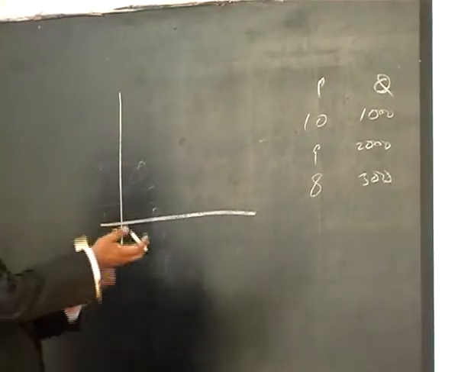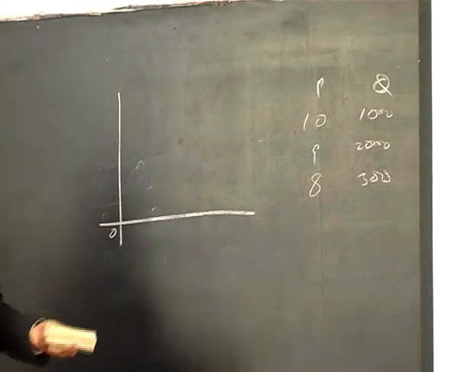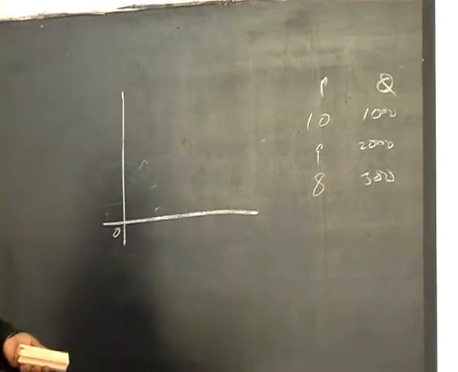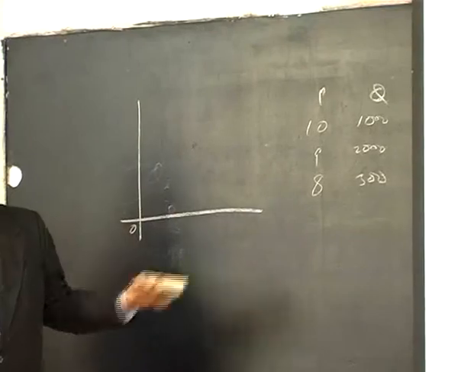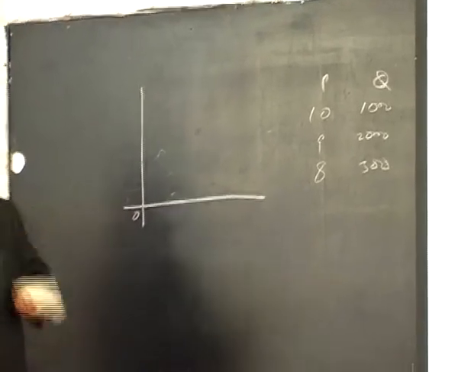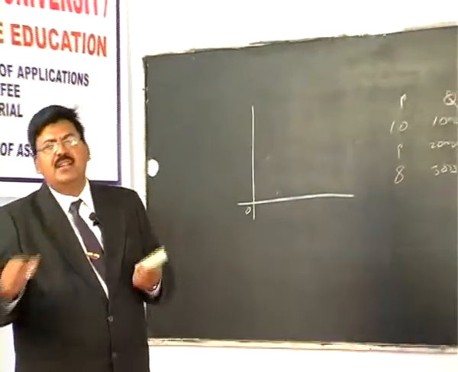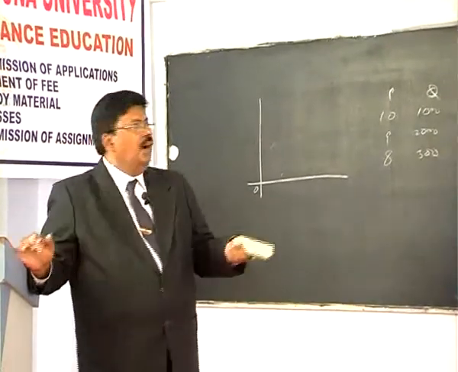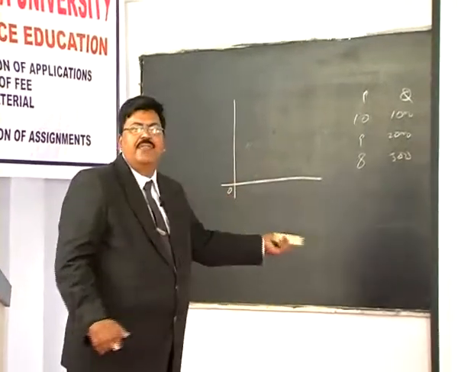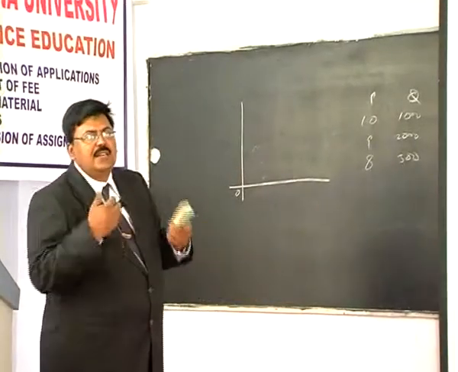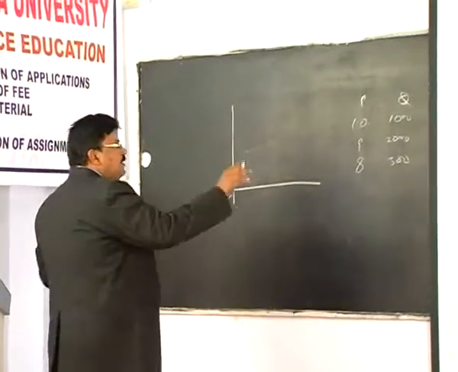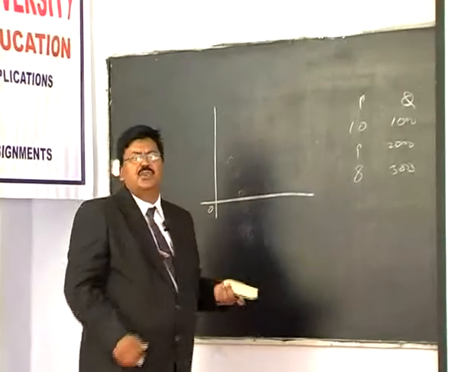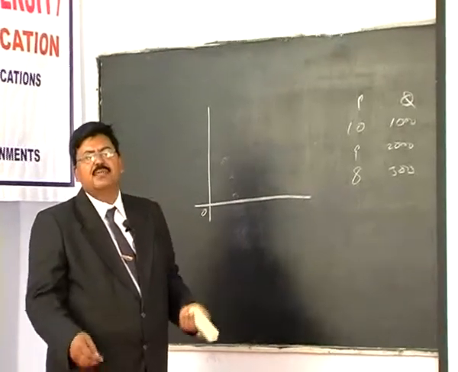And if you convert this into a graph, that becomes the demand curve. A smooth transition from arithmetic to geometry. So these are the aids or tools to explain relations. The relation between two variables can be explained verbally, or with numbers, or with a graph. So to facilitate understanding, all these visual aids are used to explain a concept or theorem.